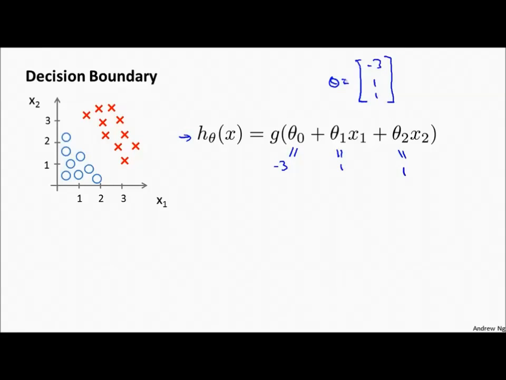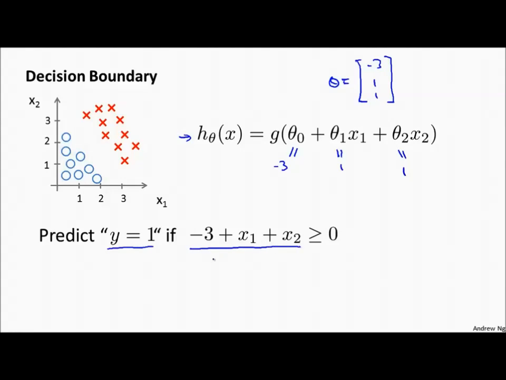So given this choice of my hypothesis parameters, let's try to figure out where our hypothesis would end up predicting y equals 1 and where it would end up predicting y equals 0. Using the formulas that we worked out on the previous slide, we know that y equals 1 is more likely, that is, the probability that y equals 1 is greater than or equal to 0.5 whenever theta transpose x is greater than 0.